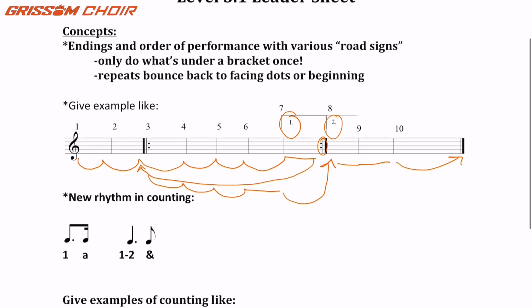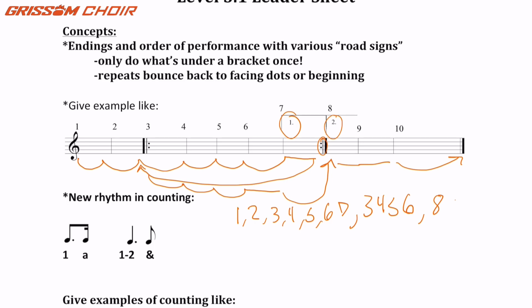So on the test, you would write 1, 2, 3, 4, 5, 6, 7, 3, 4, 5, 6, 8, 9, 10. That is the concept of our first and second ending.